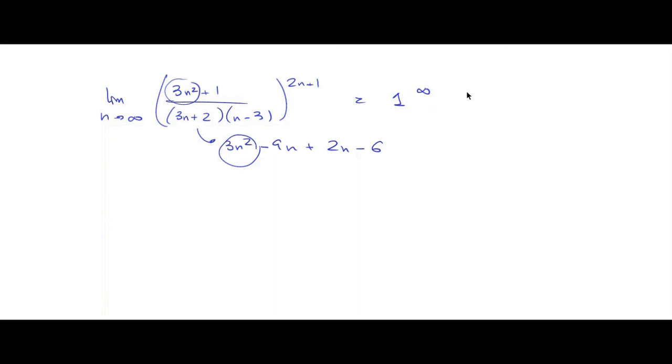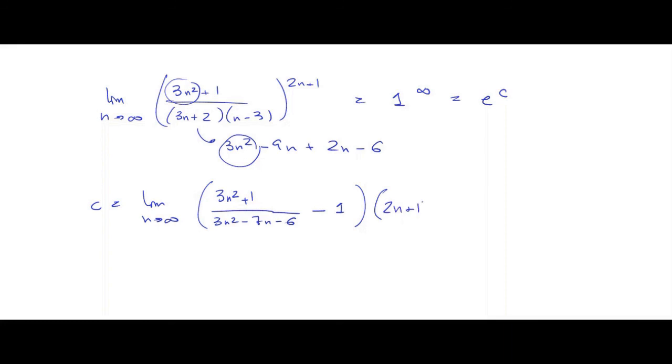So the limit actually is going to be e to the c, and c is the limit when n goes to infinity of 3n squared plus 1 over 3n squared minus 7n minus 6, minus 1, times 2n plus 1. Okay, so this is the whole limit, just the same as the previous exercise that we have seen. Now let's operate with this.